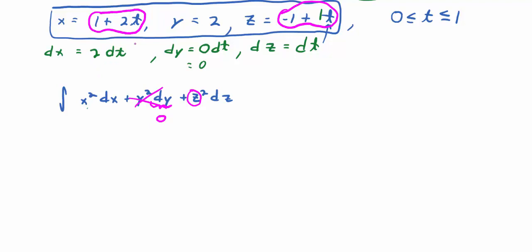So you just make the substitution, and you've got yourself an integral with respect to t. Check it out. You get the integral of 1 plus 2t, that quantity squared, that's the x squared part of it, and then don't forget the dx, which includes an extra factor of 2, so 2 dt. There's your x squared dx, plus z is -1 plus t, we're squaring that, and then dz is just dt.